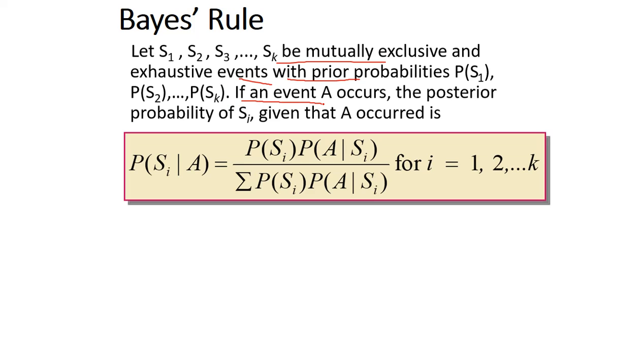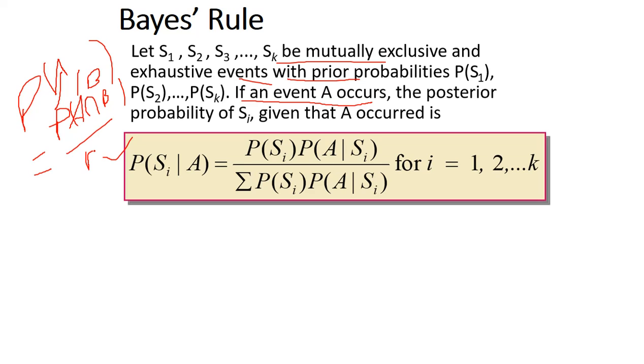If an event A occurs, the posterior probability of Si is given by this formula. The general formula for probability of A given B is probability of A intersection B divided by probability of B.